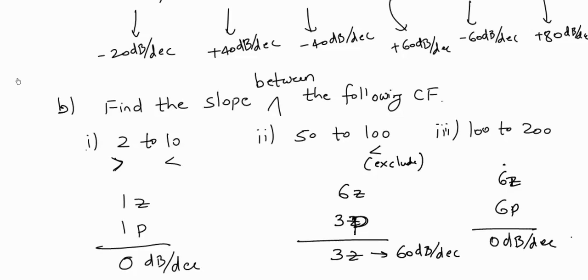I hope this is clear. Whenever you have to find the slope between corner frequencies, you find the number of poles and zeros up to the highest corner frequency. Okay, this was the second type of problem. Then the next is C.